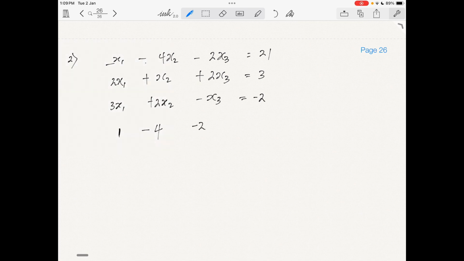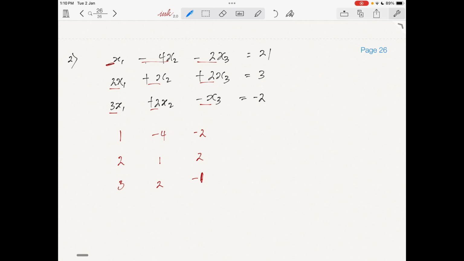This is 1, minus 4, minus 2, 2, 1, 2, 3, 2, and minus 1.